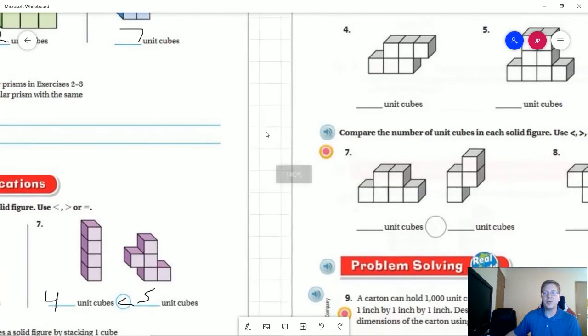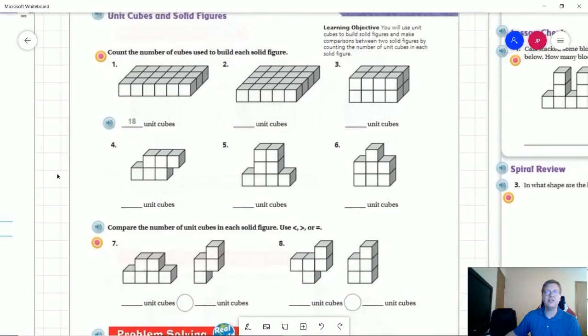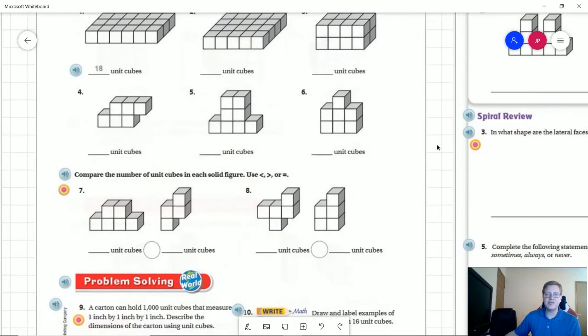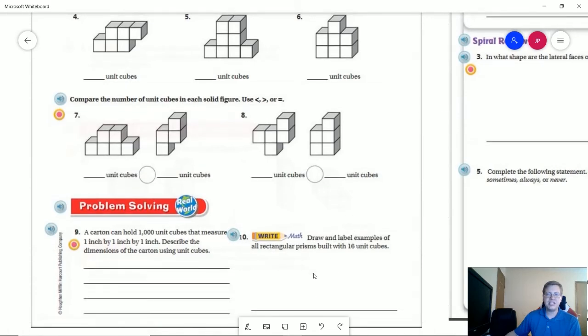So looking at the homework problems real quick to finish out our video, for Risen Christ students, I'm going to ask you to do the even numbers, including number 10. So if you use this, all you need to do is show a picture. So you could draw it and go ahead and make like a 4 by 4 by 1. Think about your number combinations that you can use.